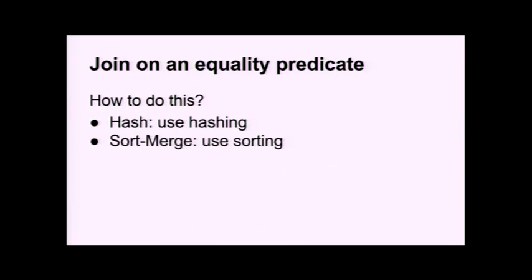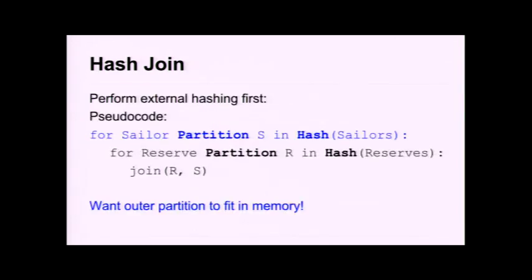So we can use what we learned earlier, hashing and sorting, to optimize these joins. And so a hash join uses the same idea as nested loops joins, except that instead of joining chunks of a table or pages of a table, we're going to join partitions of a table. And how do we create these partitions?